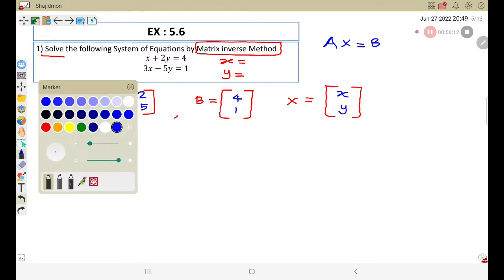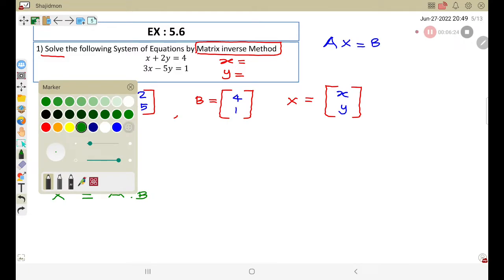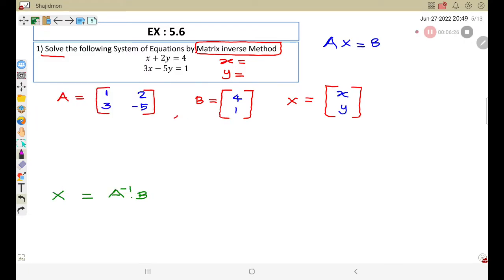Now, what is the rule for finding the solution? X equals A inverse multiplied by B matrix. So first we need to calculate the A inverse matrix. To find A inverse, first we calculate the determinant.